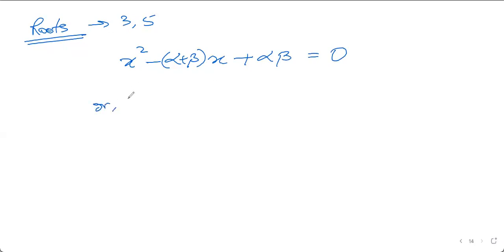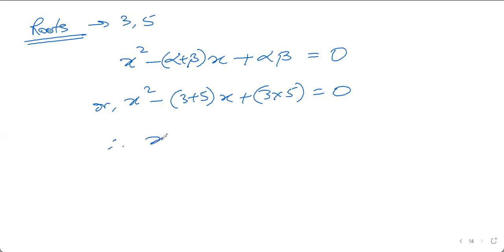So x square minus (3 plus 5) x plus 3 into 5 equals to 0. Therefore, x square minus 8x plus 15 equals to 0. And now if you see, the correct option is option number B.